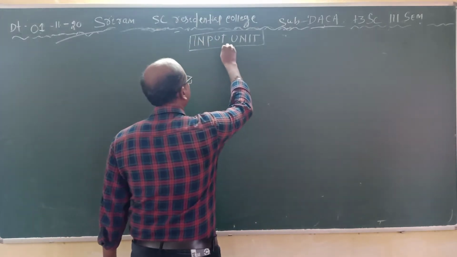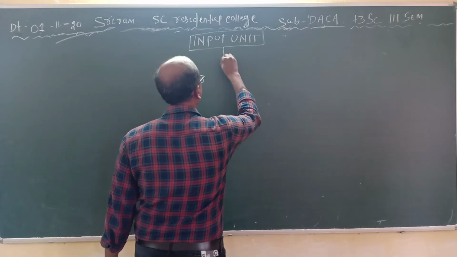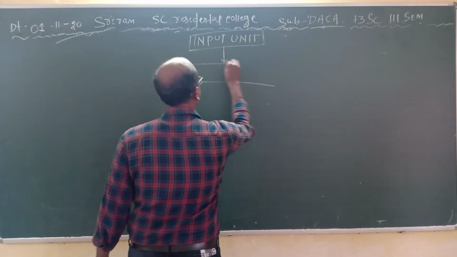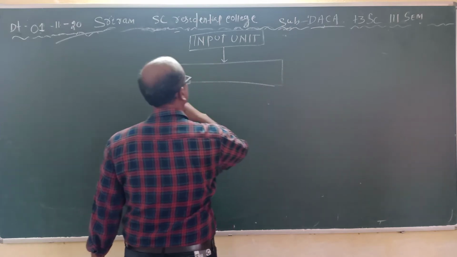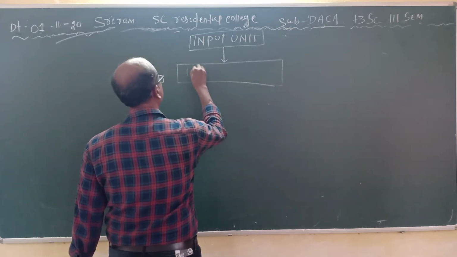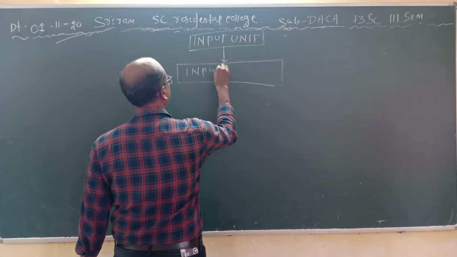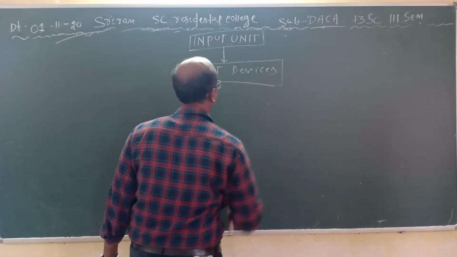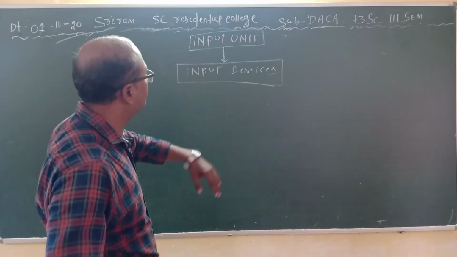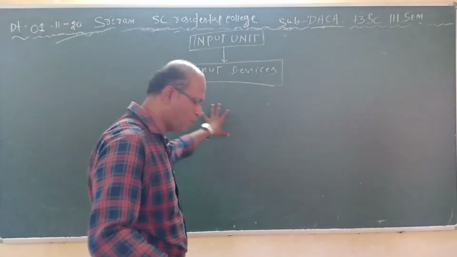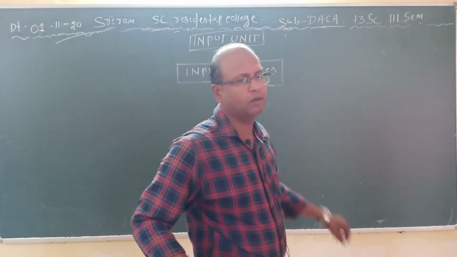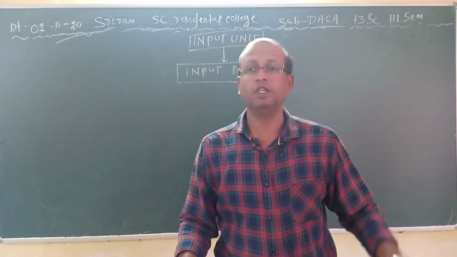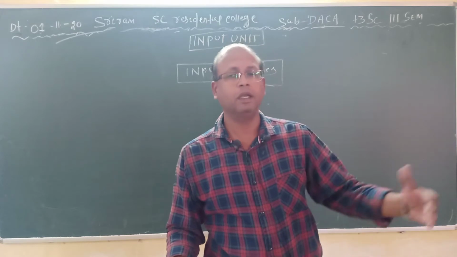The input unit collects the data through a device, and that device is known as an input device. There are different kinds of input devices available, like keyboards, monitors, no, monitors are the output device.